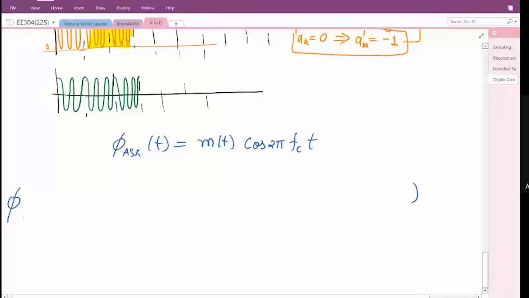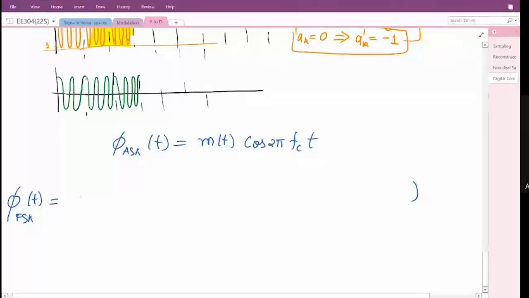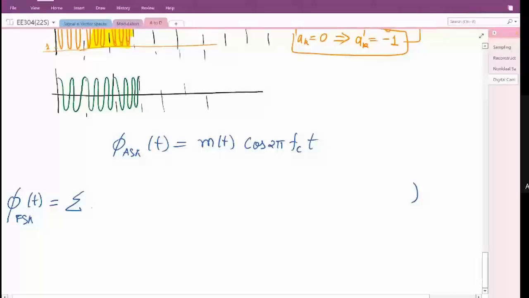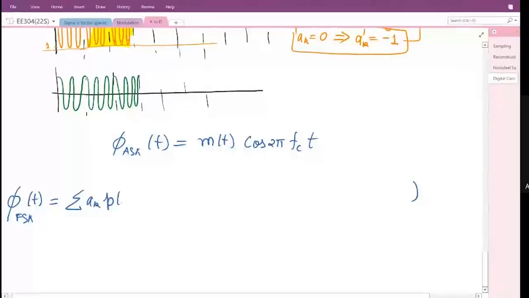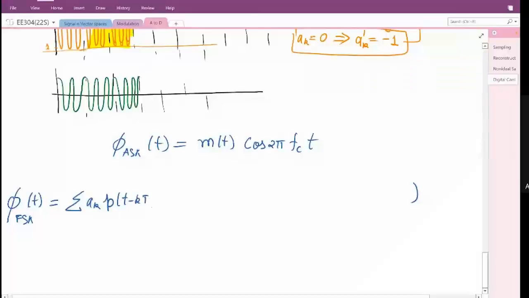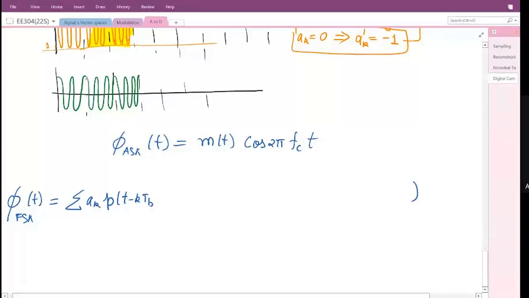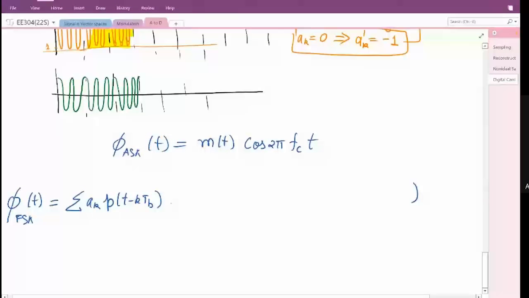Phi FSK of t is summation over k, where this is a_k, p(t - kT_b). Okay, we are almost running out of time.